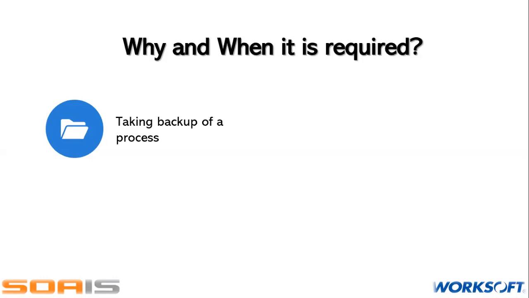But whenever we do a save as and take a backup, there might be some mismatch with the end-to-end process calling. So this is the actual benefit of taking a backup with the process version.